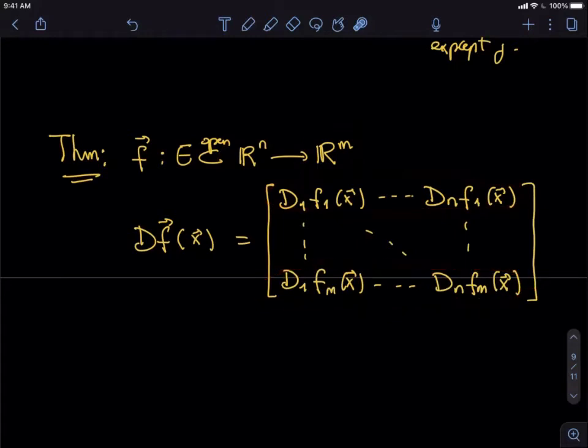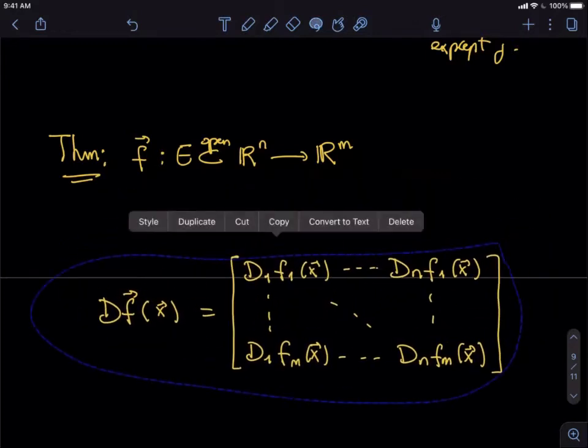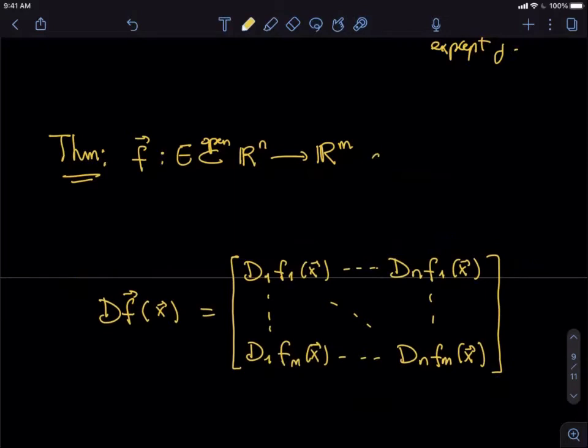Okay, and this is an important theorem because this is saying, well, of course I omitted lots of things that I should say now. This is not going to work for any function, this is going to work for a differentiable function, okay?